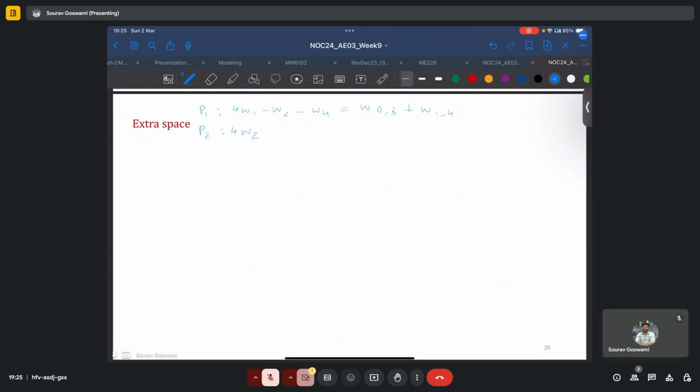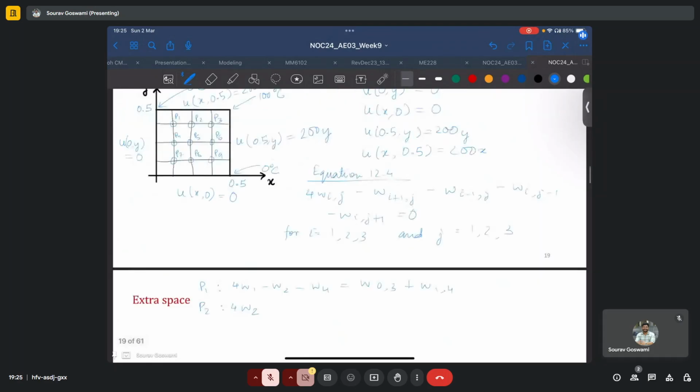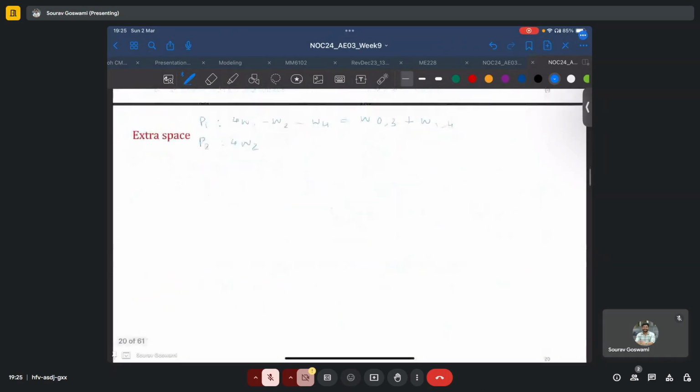For P2, following a similar skeleton just by changing the indices, 4w2 minus w3 minus w1 minus w5 equals w at (2, 4). For P3, this becomes 4w3 minus w2 minus w6 equals w at (4, 3) plus w at (3, 4).